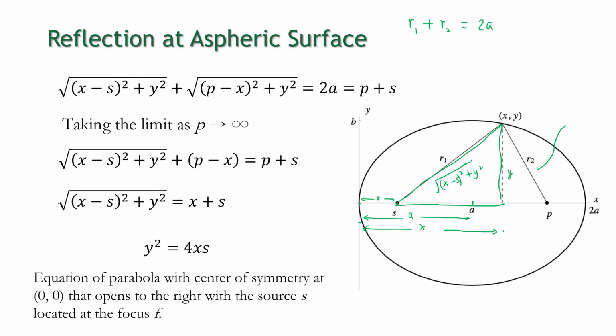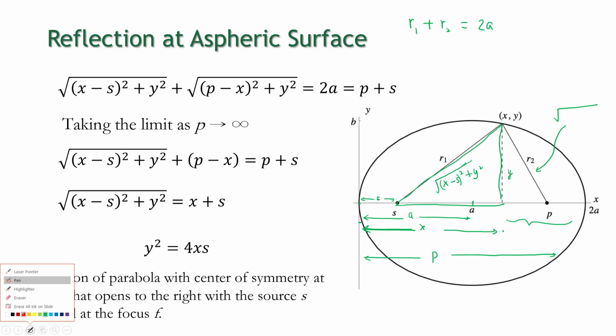Same thing here. So this R2 would be, using the Pythagoras theorem, let us see. From here to here is p. From this point to the origin is p, and from here to here is x.